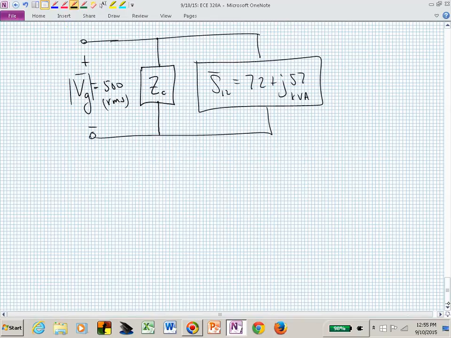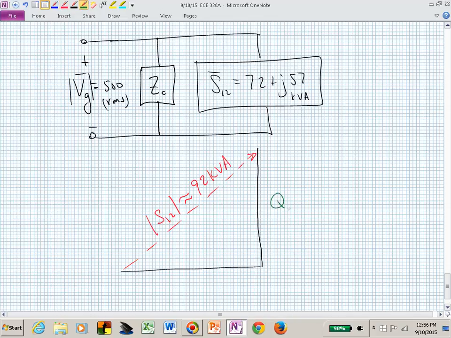What are we trying to do? Well, we have this triangle right now that's 72 real, 57 vertical or reactive. We now have a total power without that capacitor. This was approximately 92 kVA, where this was Q12 of 57, and this P12 is 72.